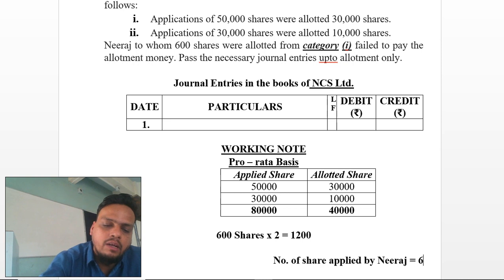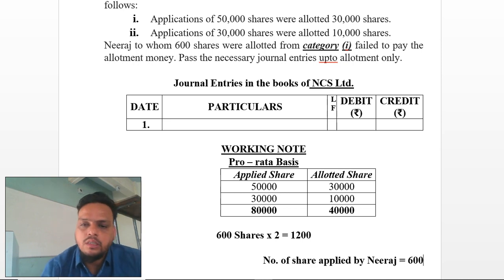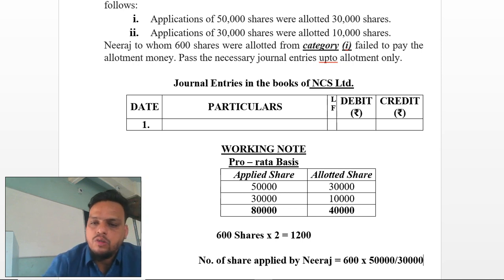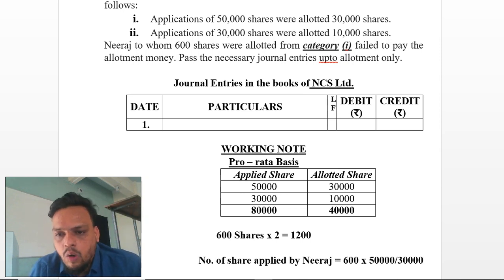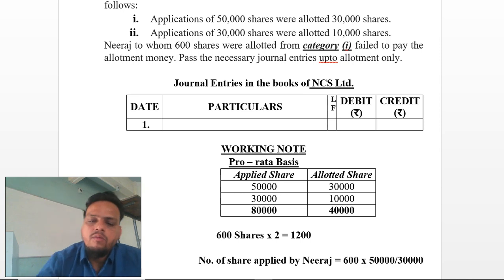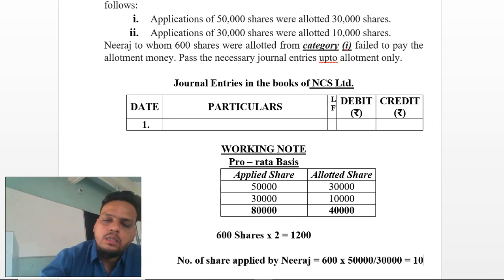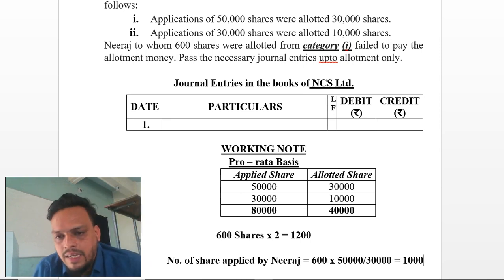Let's begin with the value. 600 multiplied by 50,000 shares, divided by 30,000 shares. If we calculate all this, we will receive the amount as 1000 shares. If I elaborate, first we cancel the zeros. Downside all four zeros will be cancelled, upside all four zeros will be cancelled.